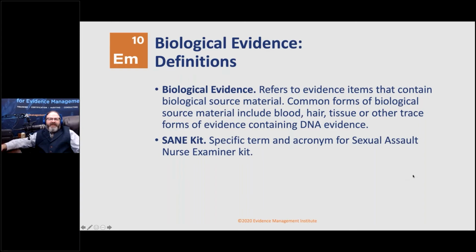When I talk about SANE kits, just for the sake of all being on the same page, I know that these are called different things in different states. In our state, we call SANE kits a sexual assault nurse examiner kit. When I refer to that, it is sexual assault evidence that's collected by a nurse practitioner or a nurse in a hospital setting and then delivered to law enforcement to help with sexual assault investigations.